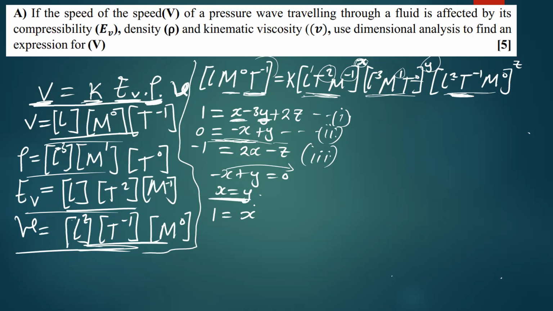So while there's x, I can put y, and while there's y, I can put x. So I'm going to have 3, and then while there's y there, I'm putting x, and we say plus 2z.